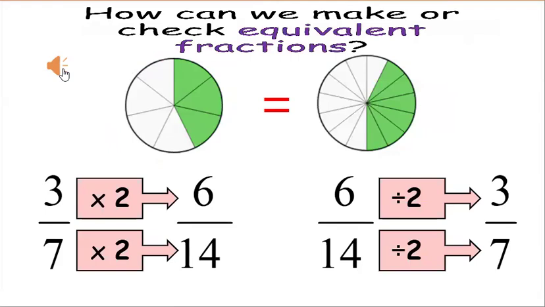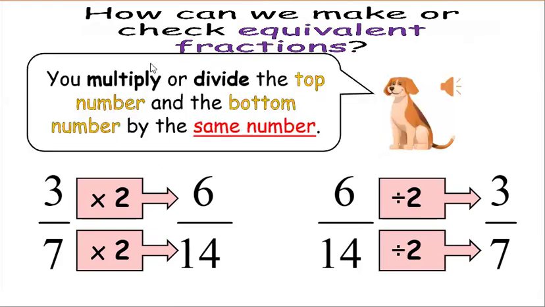How can we make or check equivalent fractions? You multiply or divide the top number and the bottom number by the same number.